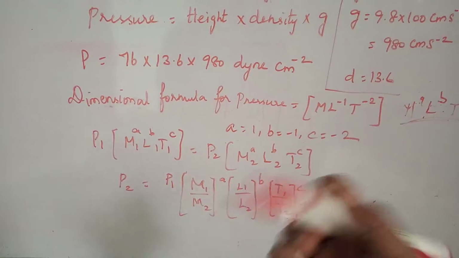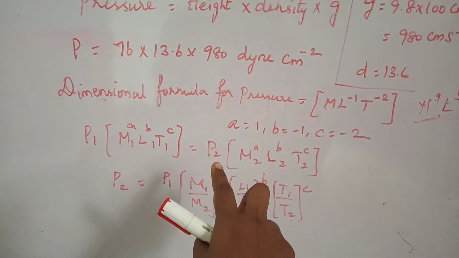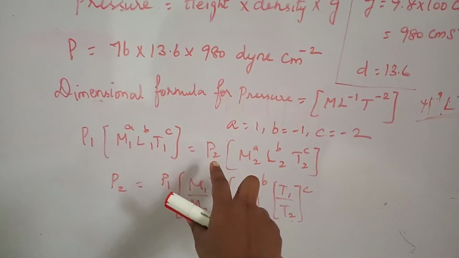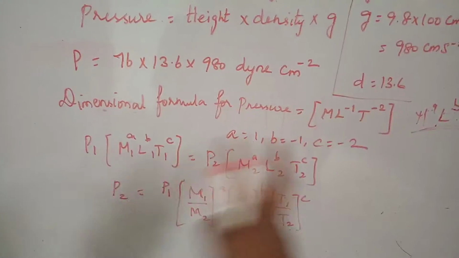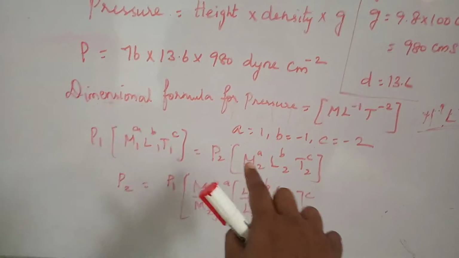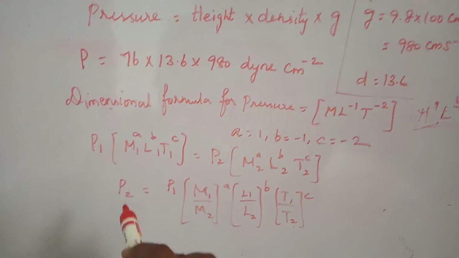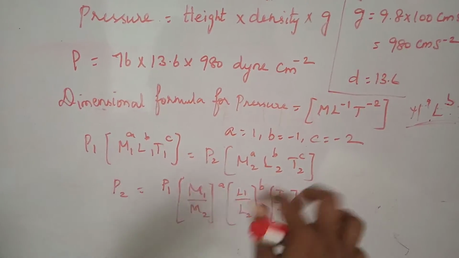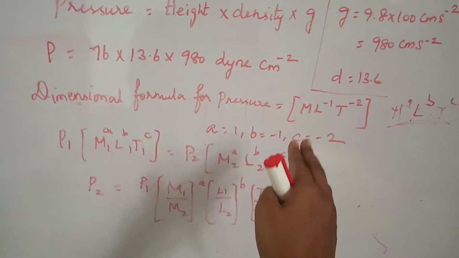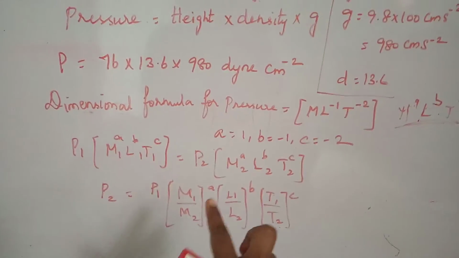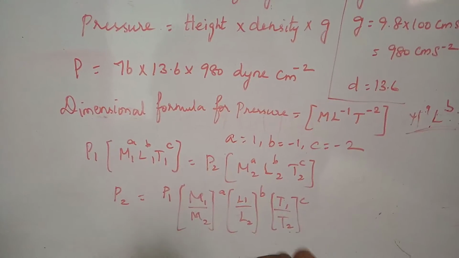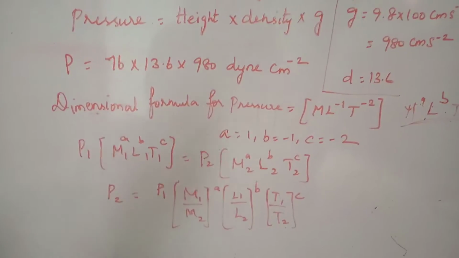What we have to find is the number you have to multiply to convert from this system to the other system. So P2 is what we have to find. P2 is equal to P1 into M1 by M2 whole power a, L1 by L2 whole power b, T1 by T2 whole power c.